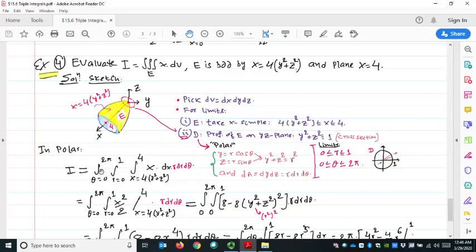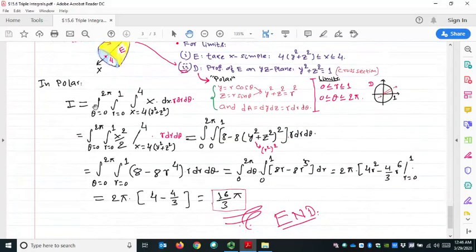Let's integrate first with respect to x. So write down, let me scroll down. Now the next step, write down the theta integral, write down the r integral, then the integral of x becomes x squared over 2, write x bounds, x equals 4 times (y squared plus z squared) to 4, r dr d theta.